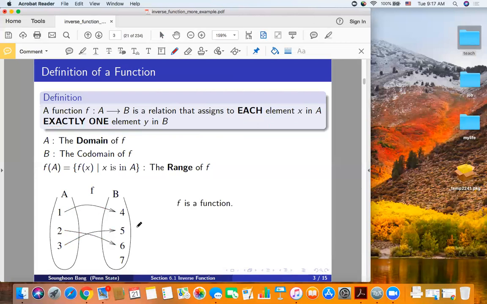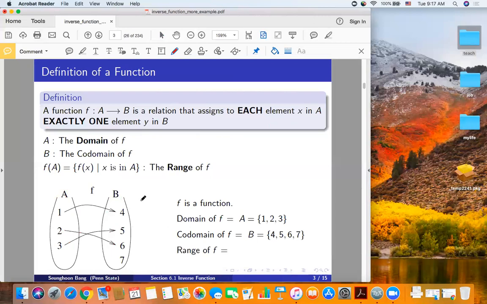Yes, this is a function. The domain is 1, 2, 3, the whole A. The codomain is the whole B: 4, 5, 6, 7.